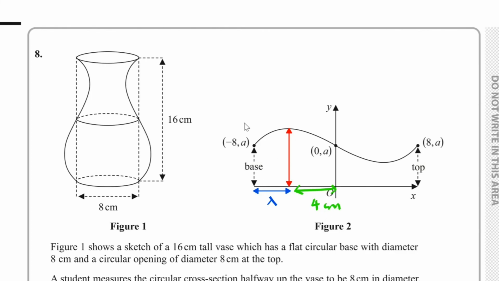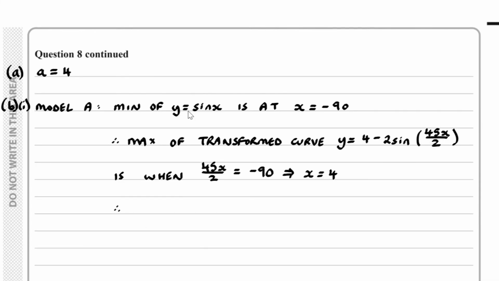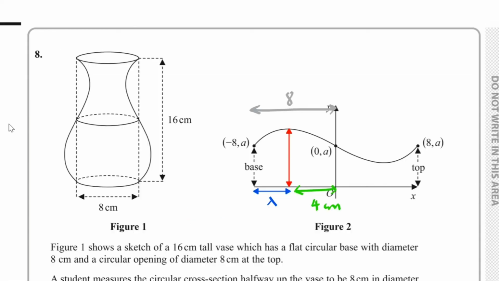And so if this entire distance over here is 8, the remaining bit is 4. So we have here 4 centimeters from the base. So that's with model A.